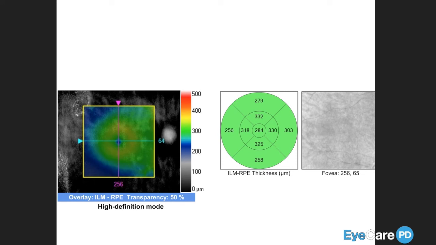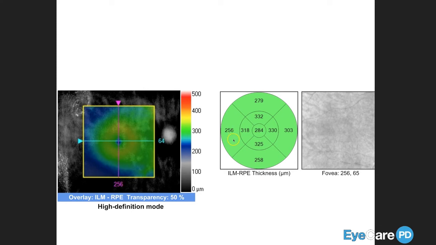Of course, on the other side of this image, you're going to notice something different. This is a statistical analysis of the retinal thickness. These are actually numbers that represent the mean for that particular quadrant, so that would be the average thickness within this quadrant. But you'll also notice this background color.